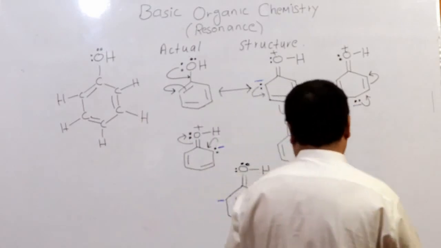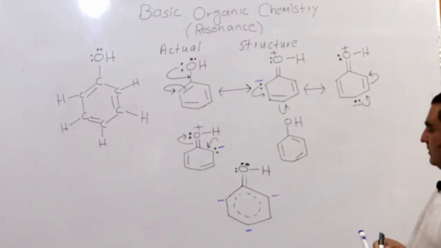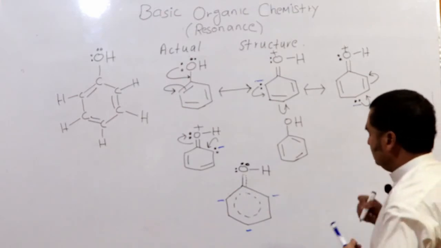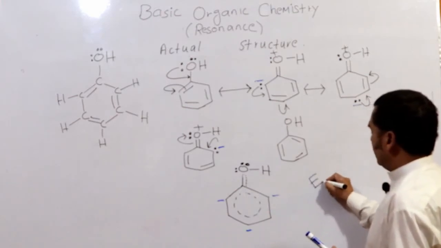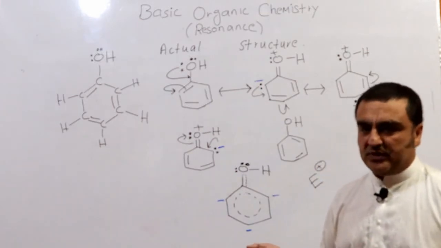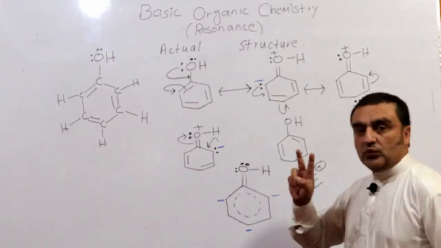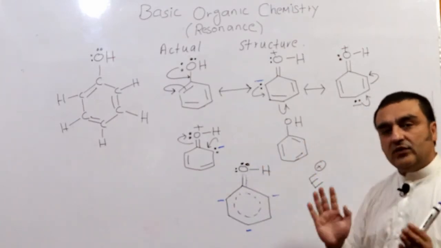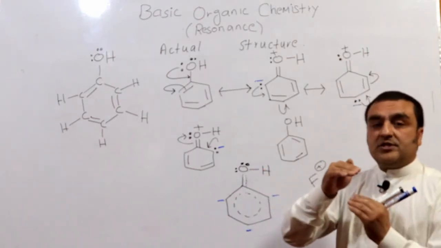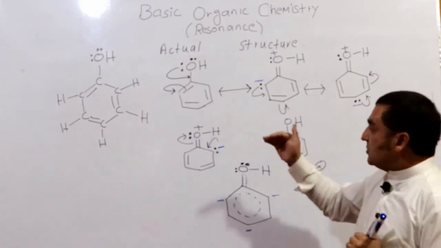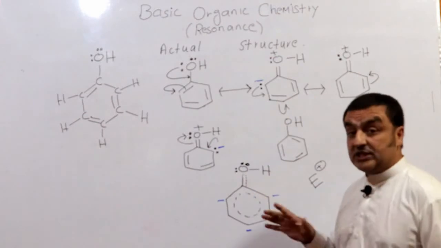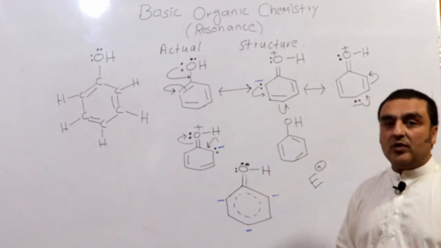Okay, so if you have some base, now electrophile, we will be discussing those things a lot, the electrophiles and those things, but right now we just want to understand the resonance. This oxygen, though it has lone pairs, will not attack, because this is not that oxygen which has a full-fledged electron pair, because some of its electron cloud is lost to the ring, but now the ring is more electron rich than normal benzene.